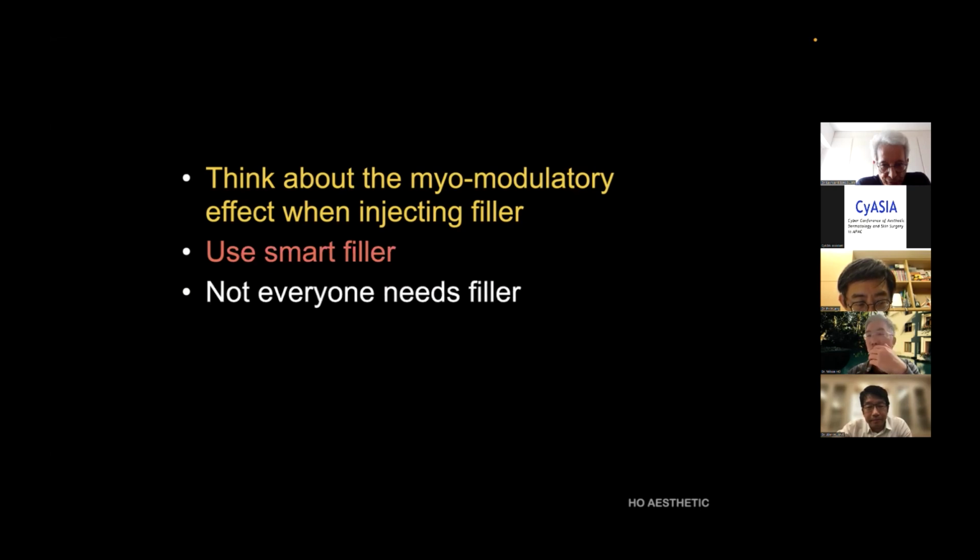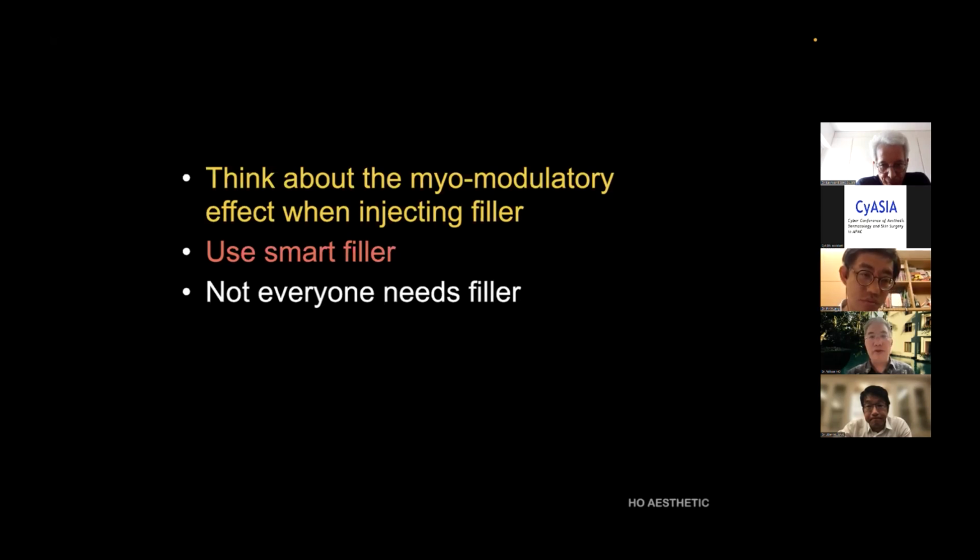When you inject into the superficial layer, the filler should be resistant to more shearing force. It should be more cohesive. At the same time, it has lower viscosity, easy to inject, and most important, good tissue integration. That's why I call it smart fillers.